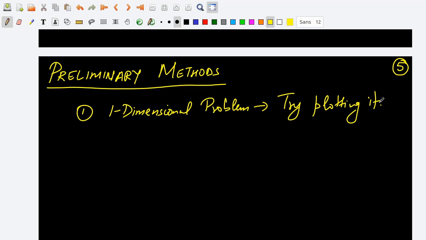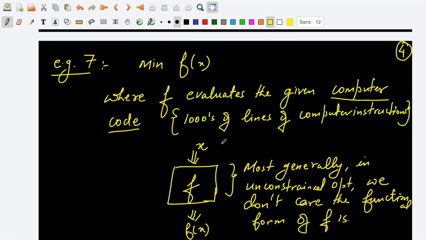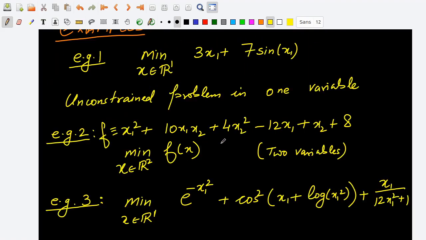But that may not always be very easy. So if I go back to my earlier examples, then example 1 is somewhat easy to plot. There's a linear part, and then there's a part which goes up and down, and I can take the sum of these two and try to get a rough plot and see how the function behaves.